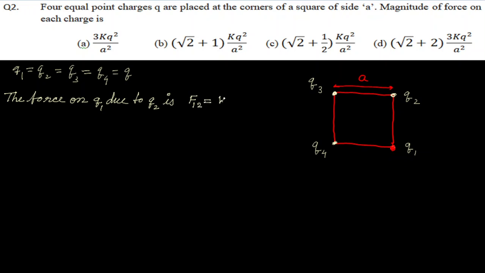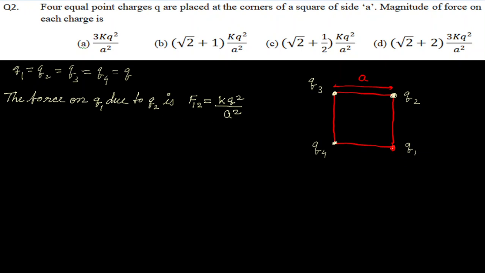So we can write Coulomb constant, and then the product of these two charges Q1, Q2, in this case both are Q, so it will be Q square divided by the square of the distance between them. In this case, this is Q2 and this is Q1, so the distance between them is actually A, so it will be A square.